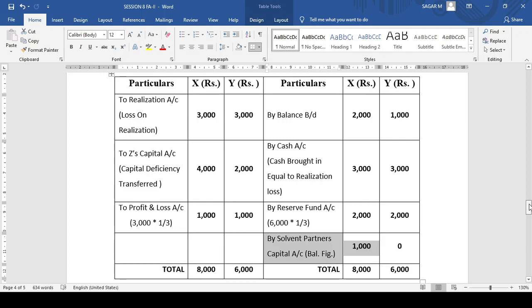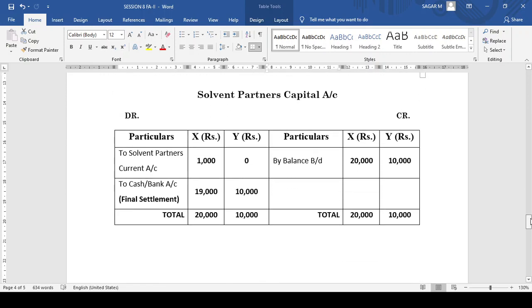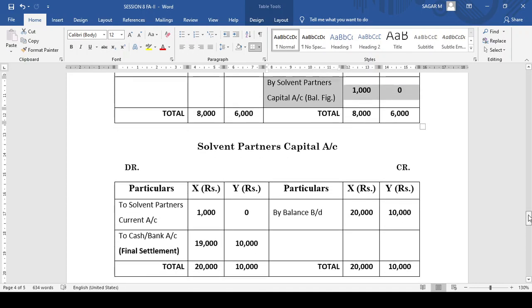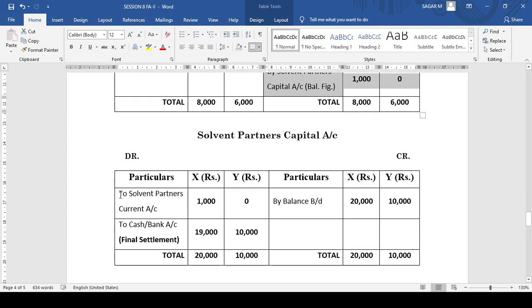After preparing this, you need to prepare the solvent partners capital account. So the capital account, as usual, begins with the credit balance, that is by balance brought down 20,000 and 10,000, their capital balances, and the solvent partners current account you just prepared. On the credit side you have written here the solvent partners capital account. So the same thing should be made on the debit side, that is to solvent partners current account.